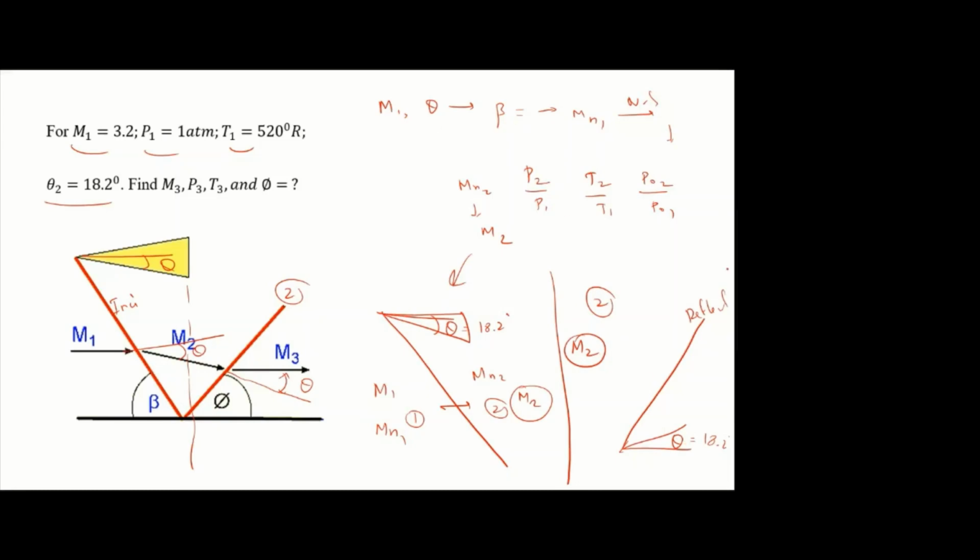Then again same procedure. Here we started with M1, Mn1, Mn2. Finally M2 we found. Next case also again you should start with the local Mach number M2. You will find different Mn2 for this. From there you can find Mn3, M3 and these ratios.